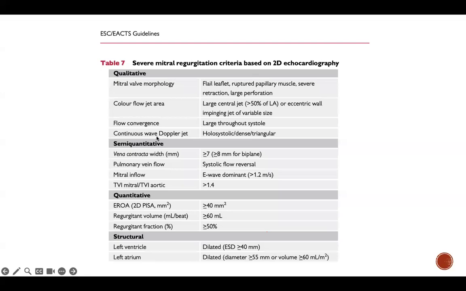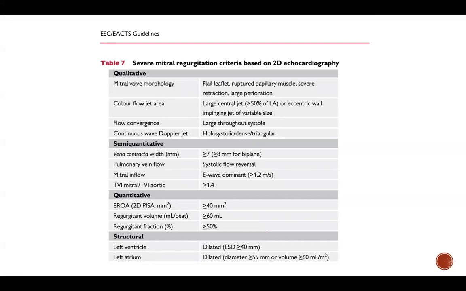Again, the shape of the continuous wave, as we saw earlier, a very dense, triangular, holosystolic shape, indicates severe mitral regurgitation as well. Regarding the semi-quantitative measures, the vena contracta is equal to or more than 7 millimeters. If you have a systolic flow reversal in the pulmonary vein, then you have severe mitral regurgitation.